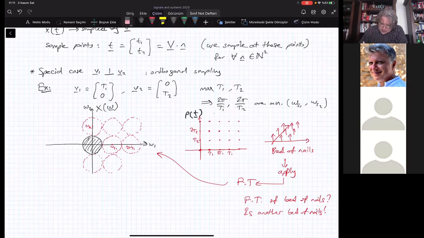That P is a lowercase p, by the way. And the Fourier transform of this p of t is capital P of omega. When we plot it, let's plot it in green, a different color.